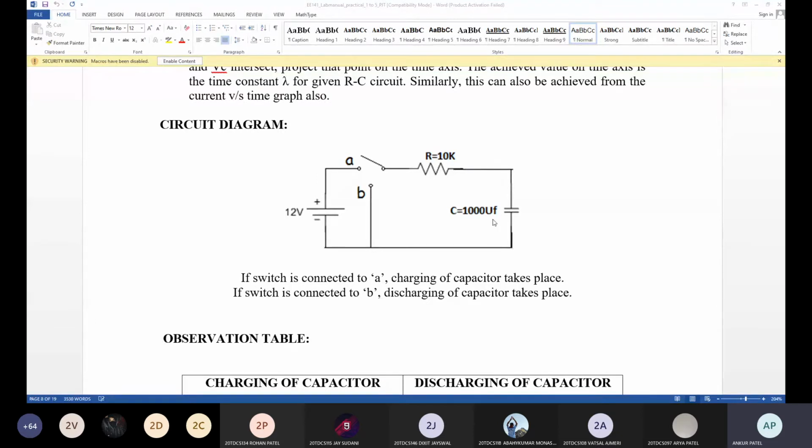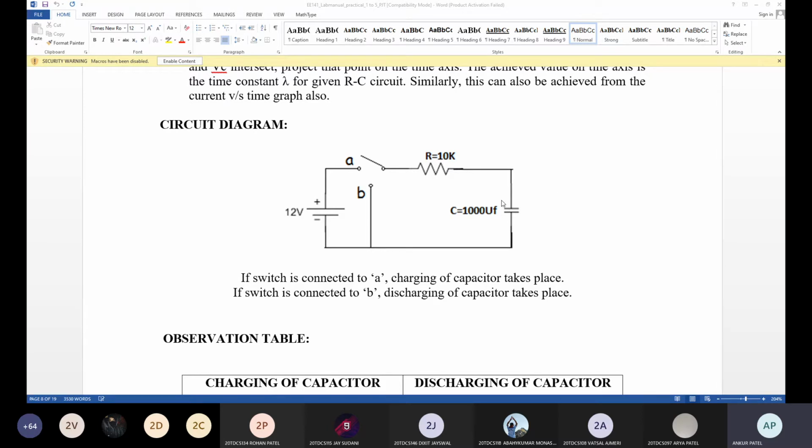Then when the capacitor is charging, this current gradually decreases, whereas the capacitor voltage gradually increases. The capacitor is charged till it becomes 12 volt, and the current becomes 0. Because the current is maximum, then it becomes 0, and the voltage is 0 and becomes maximum during charging.